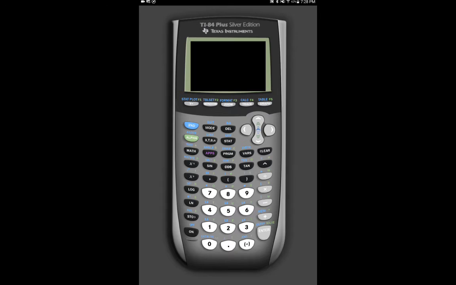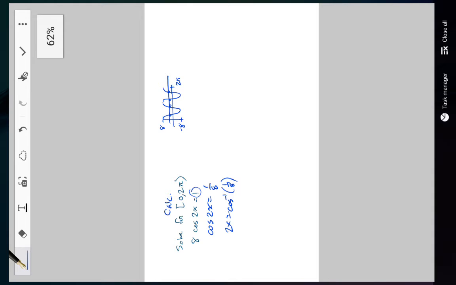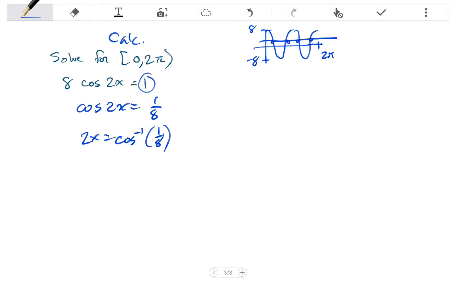And then I'm going to go back. Good. And so this value was giving us 1.445. Okay, but one thing to remember, whoops, I forgot to do it here, is when I have cosine, it's giving me a positive value here, and positive values occur in quadrant 1 and 4 for cosine.